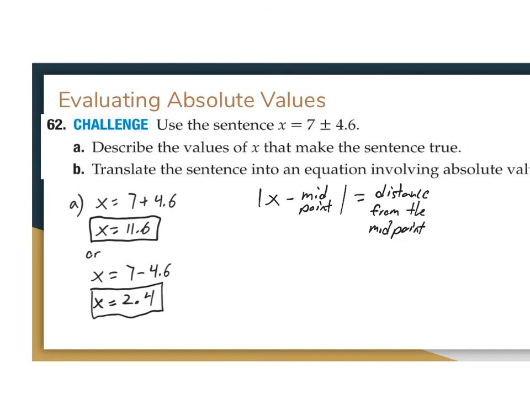So for B, we know we have x. Our midpoint is going to be 7. Let me change these to help you guys out. It is equal to the distance from our midpoint, which is plus or minus 4.6. So our equation is the absolute value of x minus 7 is equal to 4.6.